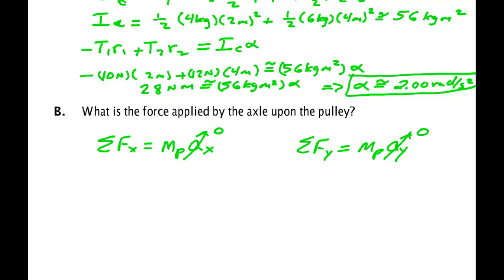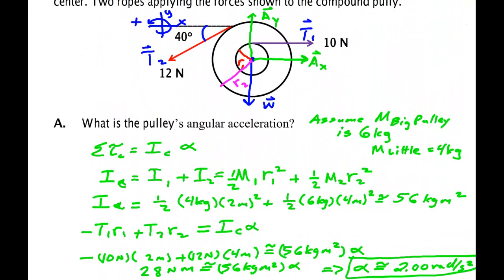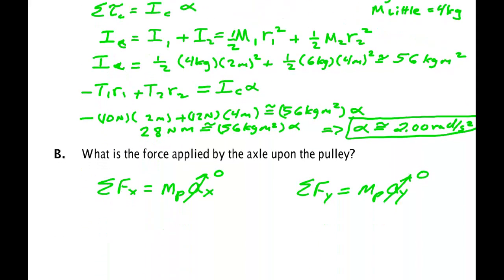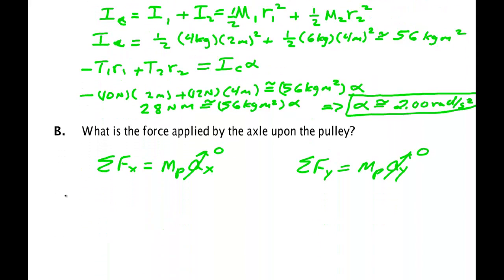Now the forces, there were a bunch of them. We had the axle AY up, AX is horizontal, T1, and we have a T2 component. So let's see, we have T1 plus AX minus T2 times the cosine of an angle.